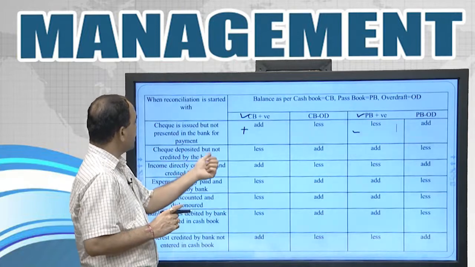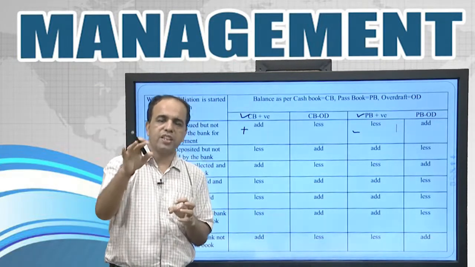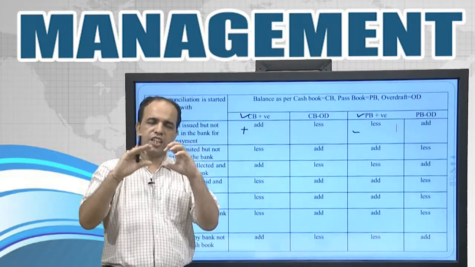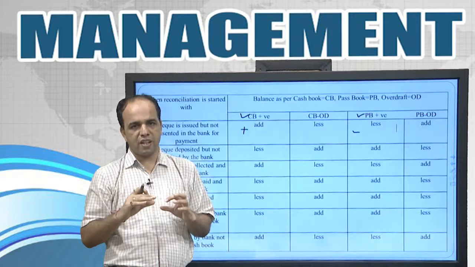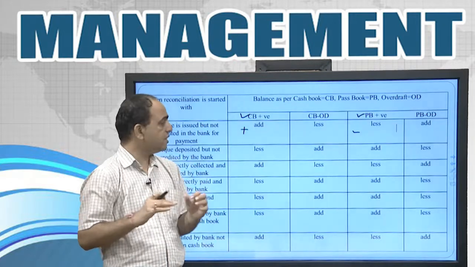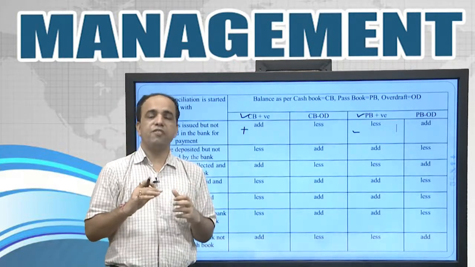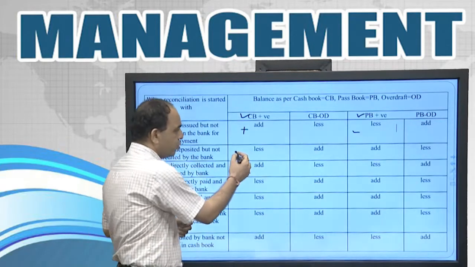Cheque deposited but not credited by the bank. When we have deposited a cheque in the bank, immediately in the three-column cash book we have debited the bank account, right. But if it is not credited by the bank, then we have to deduct it to reconcile.